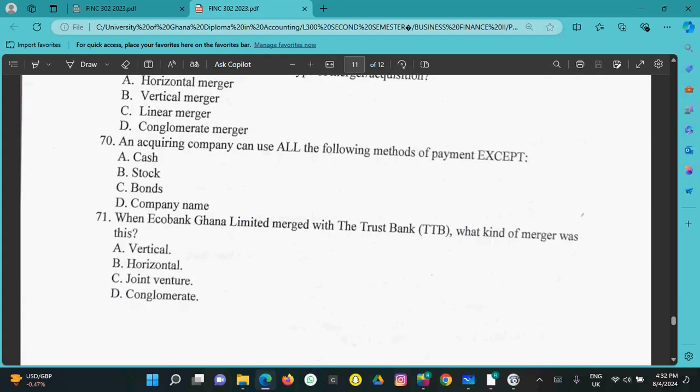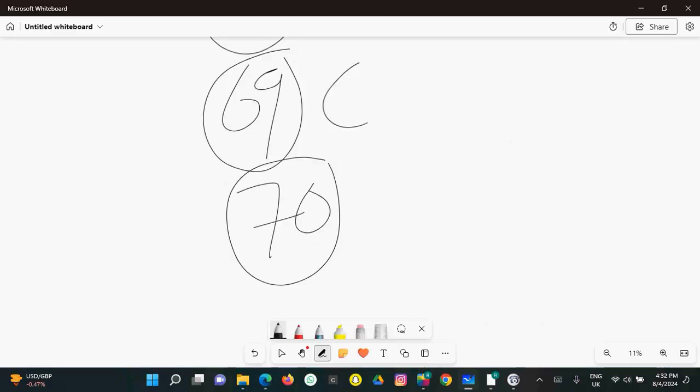Acquiring company can use all the following except company name. Number 70 is G, company name. You can't use the company name for it.